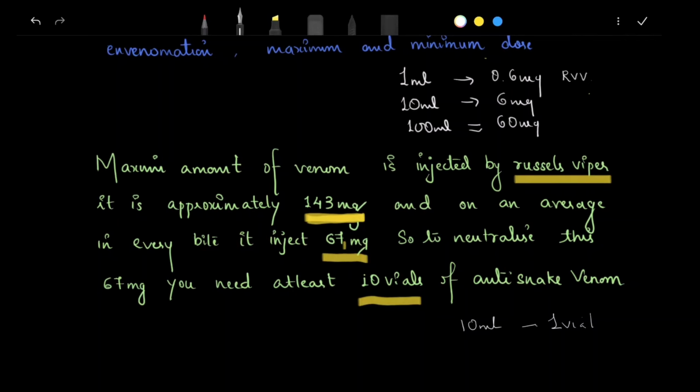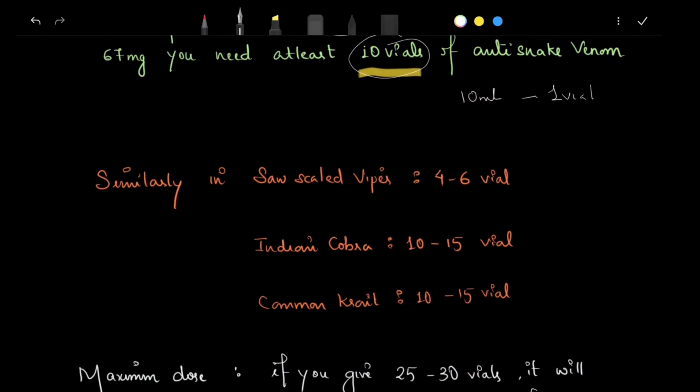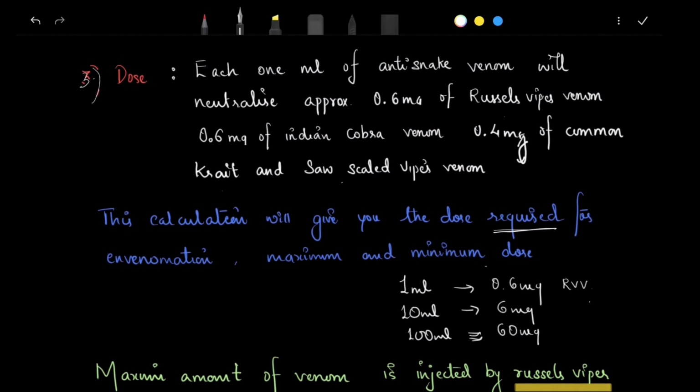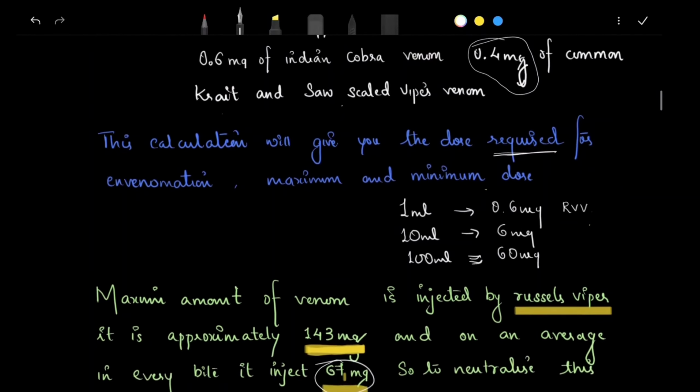So it's almost 60 milligram, and here it is 67. So 100 ml is required, that is almost 10 vials. Similarly, in saw-scaled viper, it requires 4 to 6 vials. In Indian cobra, it requires 10 to 15 vials. In common krait, 10 to 15 vials. Common krait and saw-scaled viper, as we discussed, it's 0.4 mg neutralization.